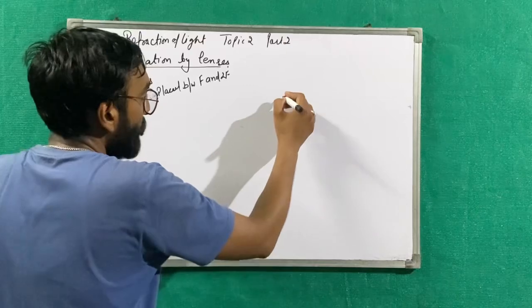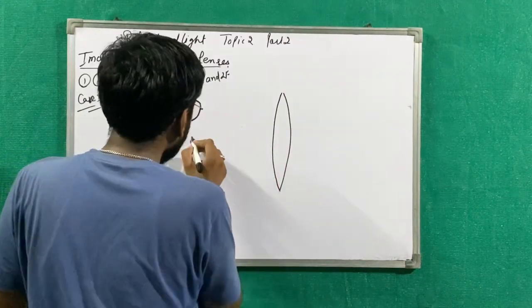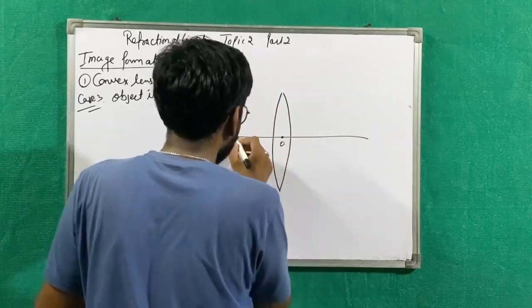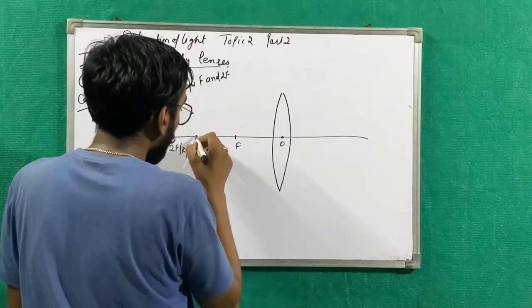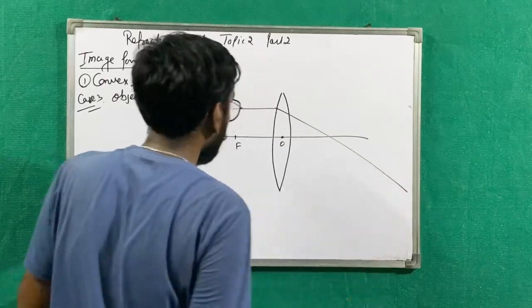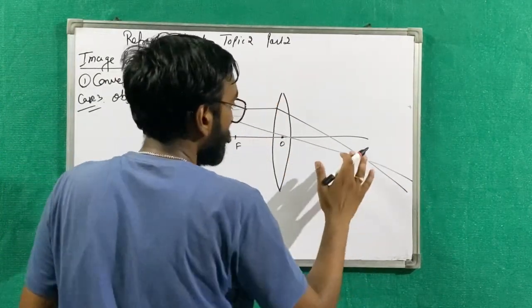So you should remember each and every characteristic of the image. So this is going to be the focus, this is going to be 2f or c, and the object is placed in between them. So first it is going to be this, second it is going to be this.